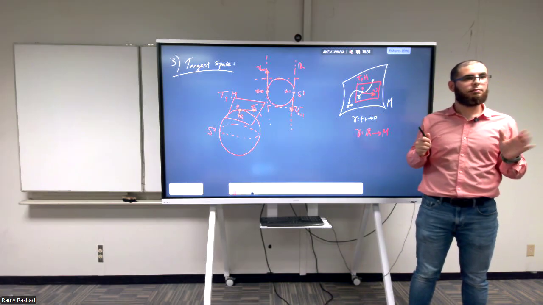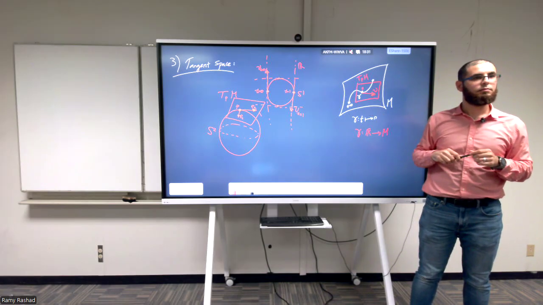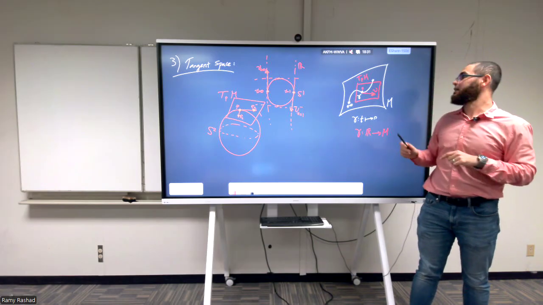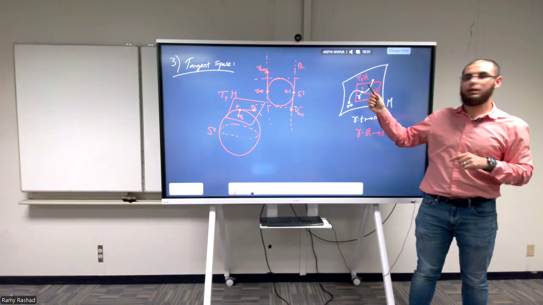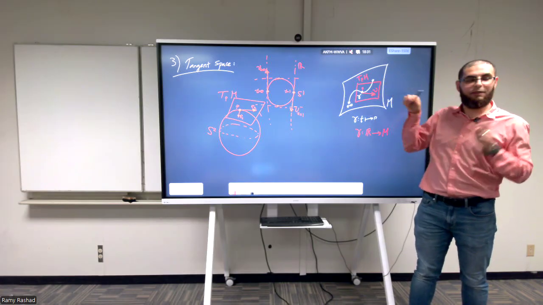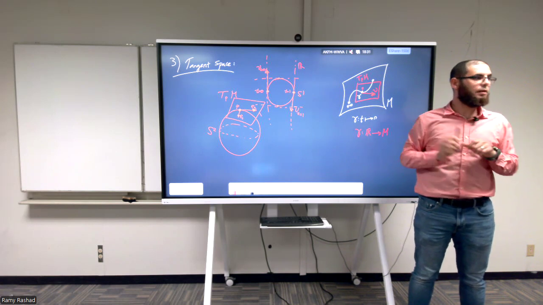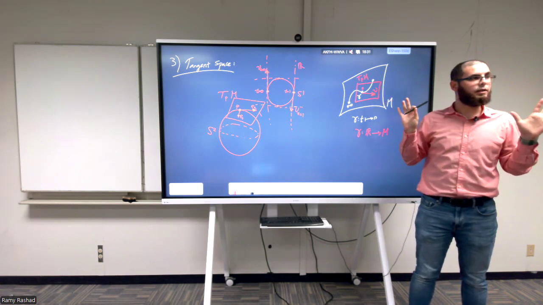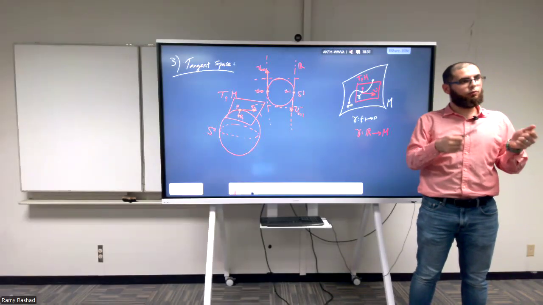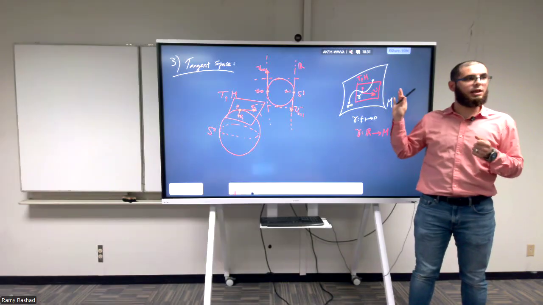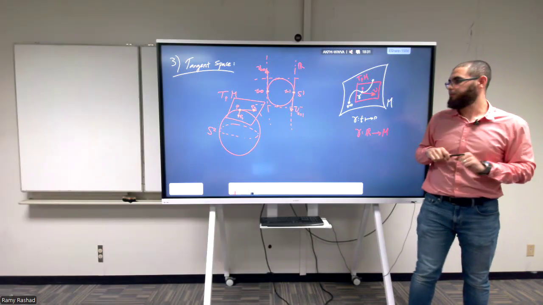Exactly. The tangent space is simply the vector space where the velocity lives. Okay, this is intuitively what it is. Formally, there's a lot of stuff that we're hiding here, but this is just the bottom line of it. Question.